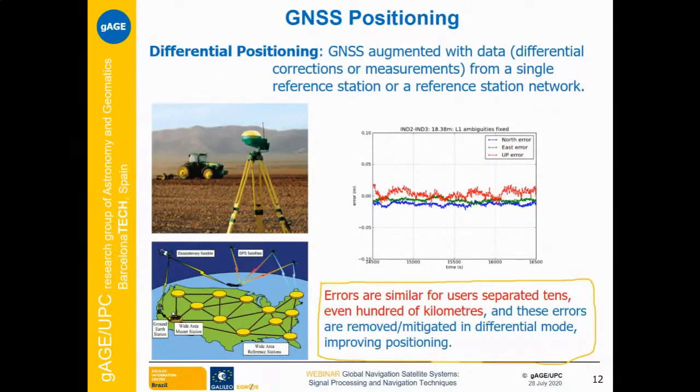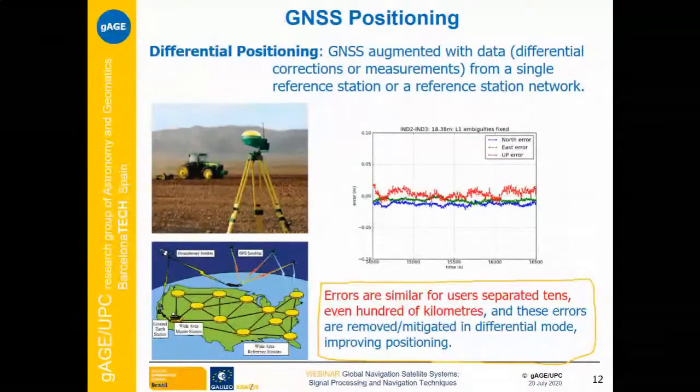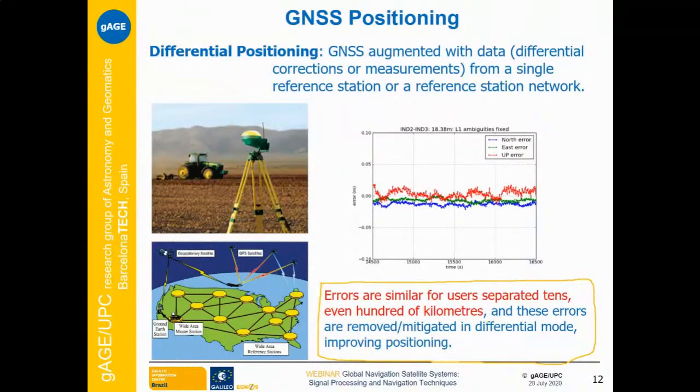This is the key idea behind differential positioning, and we will see in the remainder of the session different techniques that exploit this very simple, very attractive idea of differential error mitigation.